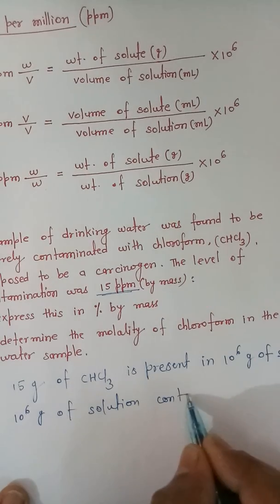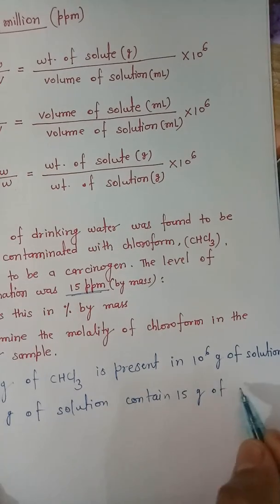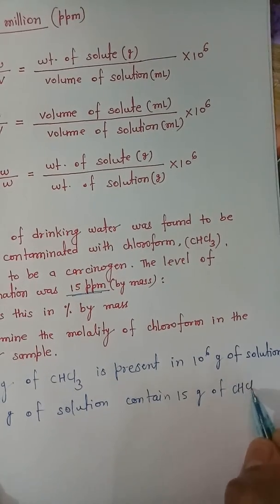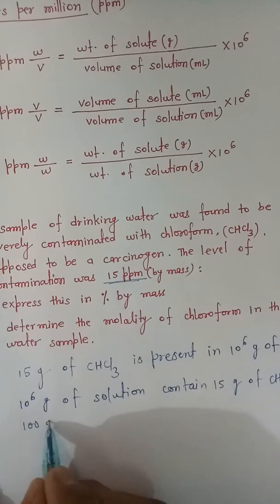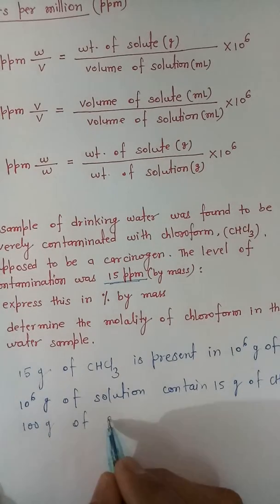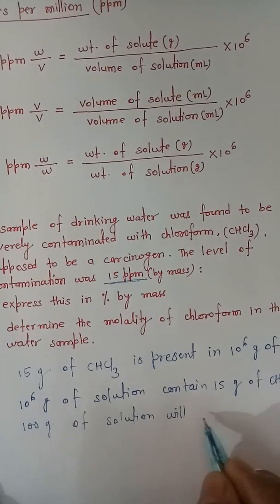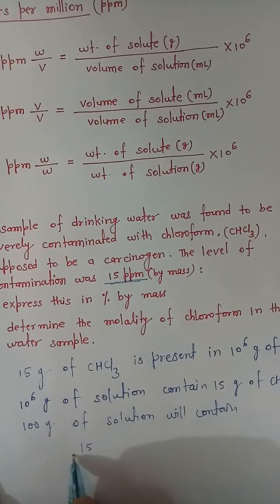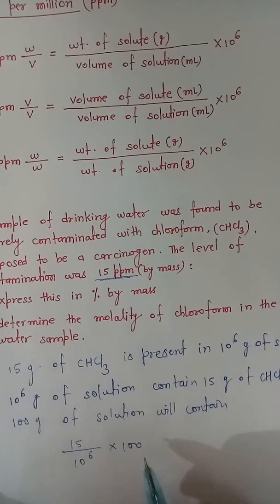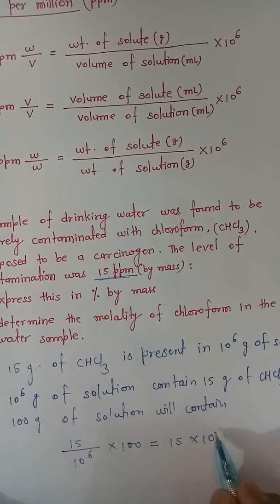So 10 to the power 6 gram of solution contains 15 gram of chloroform. And 100 gram of solution will contain 15 upon 10 to the power 6 multiplied by 100, which is equal to 15 multiplied by 10 to the power minus 4 percent.